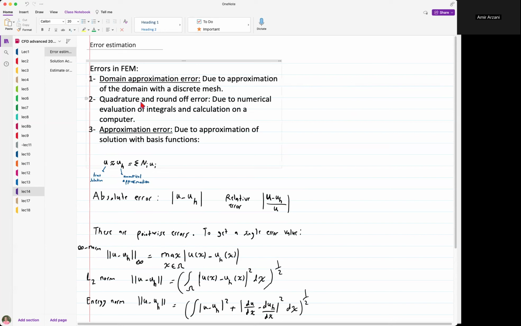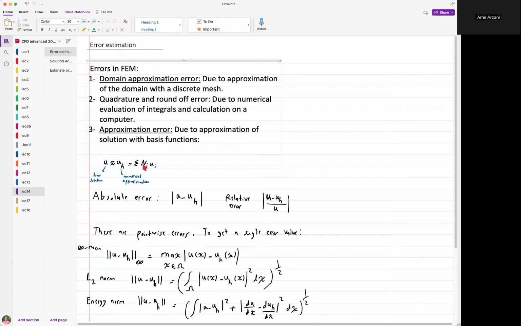We also have quadrature errors in numerical integration of the terms in our weak forms, and round-off errors due to computer calculations. And finally, perhaps the most relevant one to finite element theory is the approximation error, where we essentially hypothesize in finite element that the true solution could be approximated across each element using this equation with the shape functions that we prescribe.